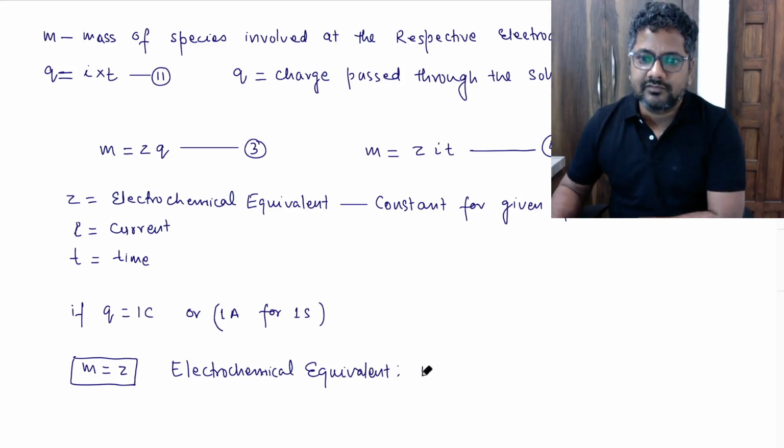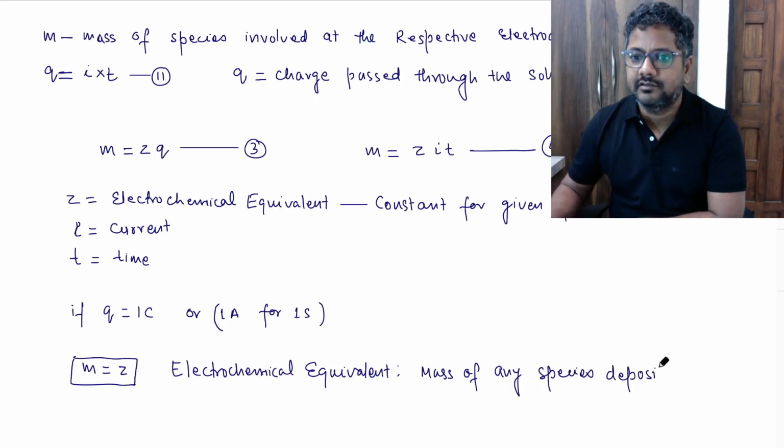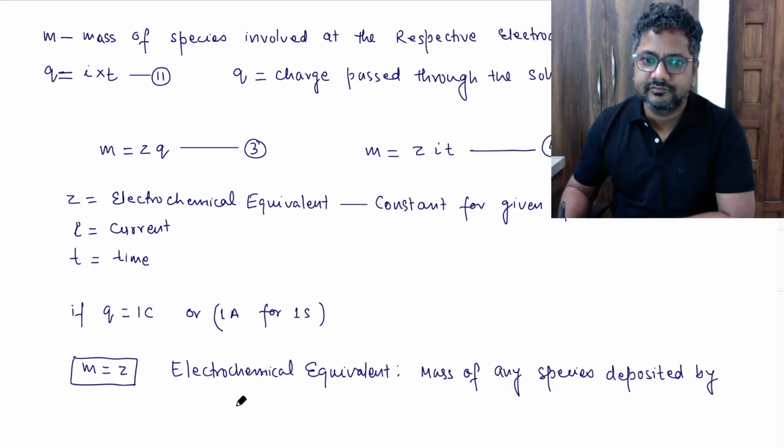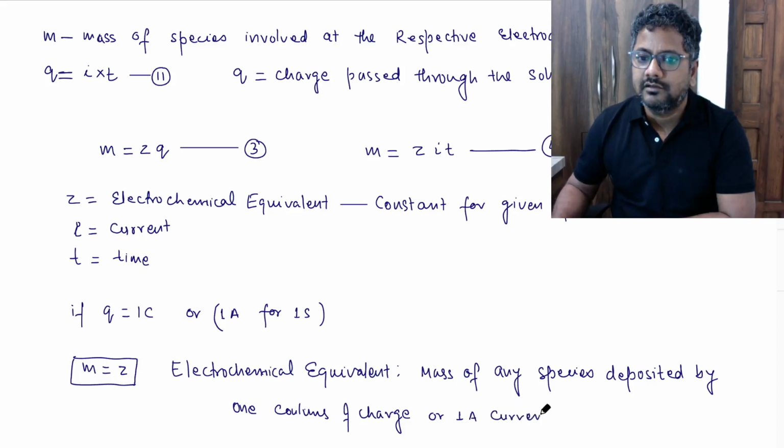It is the mass of any species deposited by 1 coulomb of charge, or 1 ampere current for 1 second, right?